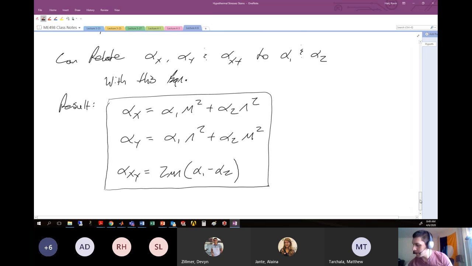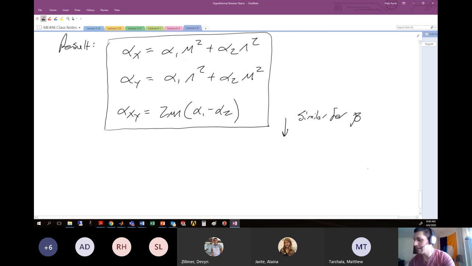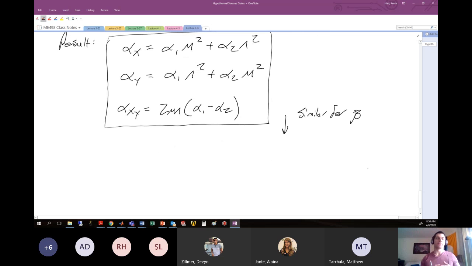All right, we can go through a similar exercise for beta. And we can write a moisture absorption coefficient in x, a moisture absorption coefficient in y, and a moisture absorption coefficient xy. And so here that will be something like beta x.